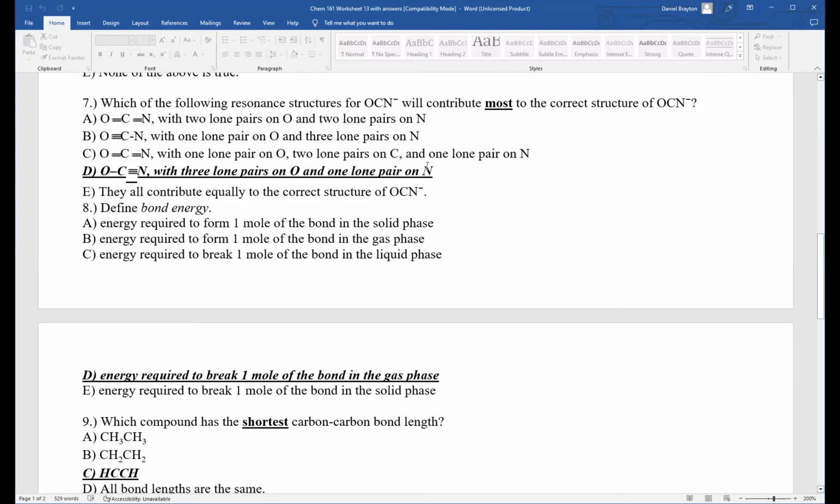So that one is definitely the best, because you've got carbon and nitrogen in their common bonding, and then only the oxygen, which we've seen quite a bit as a -1, and the charge needs to be -1 overall. The problem with A up above is there would be a minus on the nitrogen in that situation, and if you're going to have a negative charge, you want it to be on the more electronegative atom, and oxygen is the more electronegative atom.